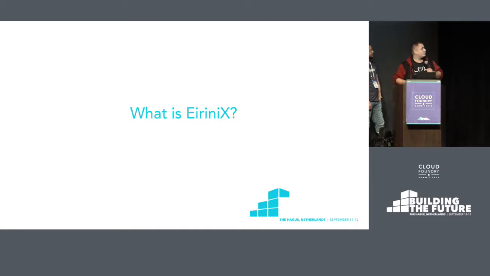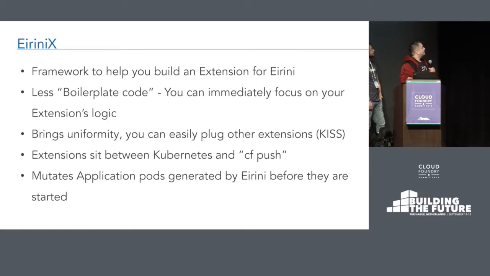Okay, so what is eirinix? It's just a framework. It's essentially a Go package, a Go module, filled with code that makes your life easier. It's boilerplate that sets up the HTTP server that listens in for Kubernetes requests. It generates certificates for you.